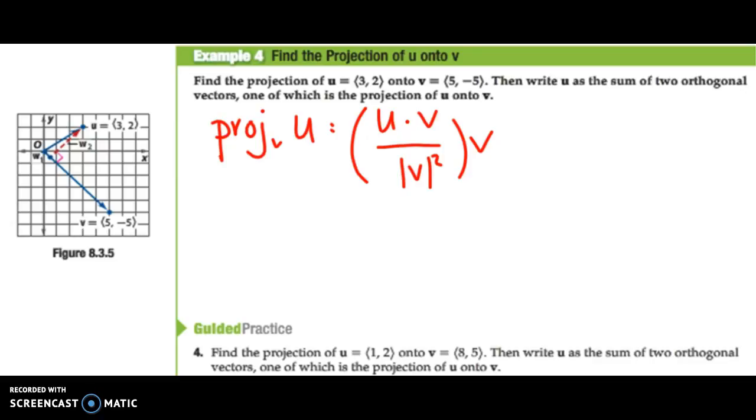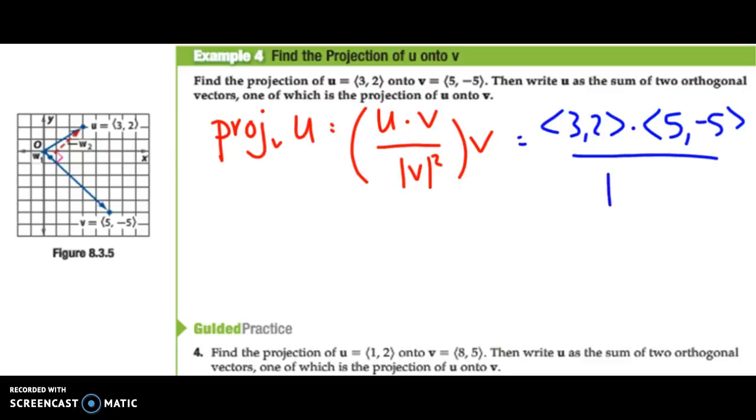So if I set this up, the dot product of u and v would be (3, 2) dot (5, -5), and then the magnitude of the vector (5, -5) squared, and then obviously we'd have to multiply it by v again.